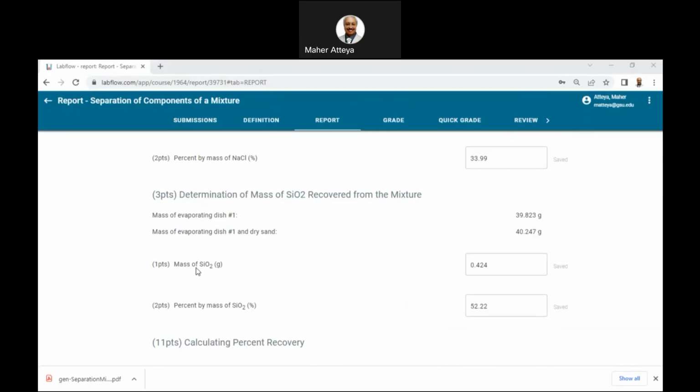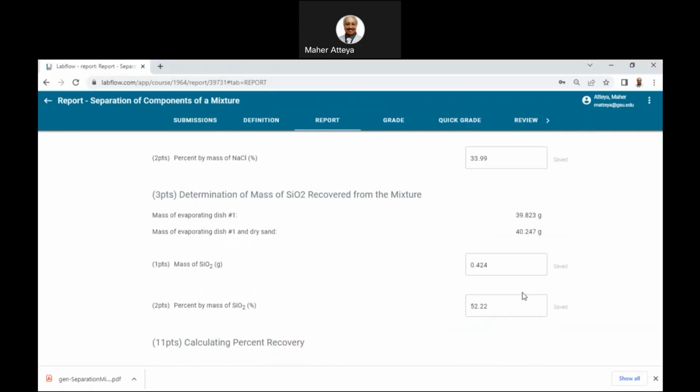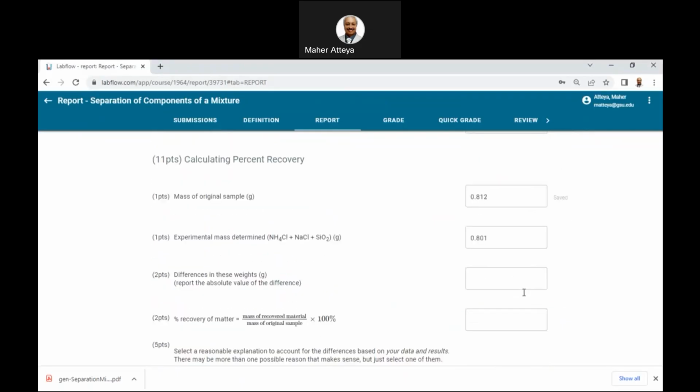So we have 0.101 plus 0.276 plus 0.424 equal to 0.801. So the experimental mass is 0.801.